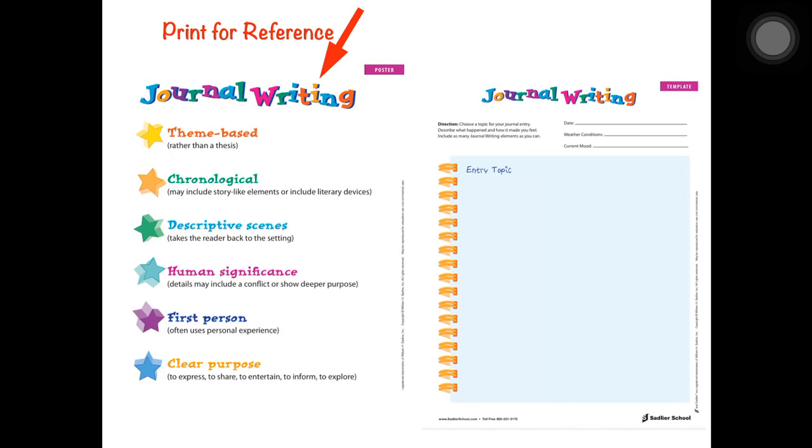The next thing that I want you to do is this journal writing. So we're going to just jump right into it. For assignment 1, I just want you to tell me the topic that you're going to write your journal entry on. And for your second assignment, I want you to complete this journal entry.